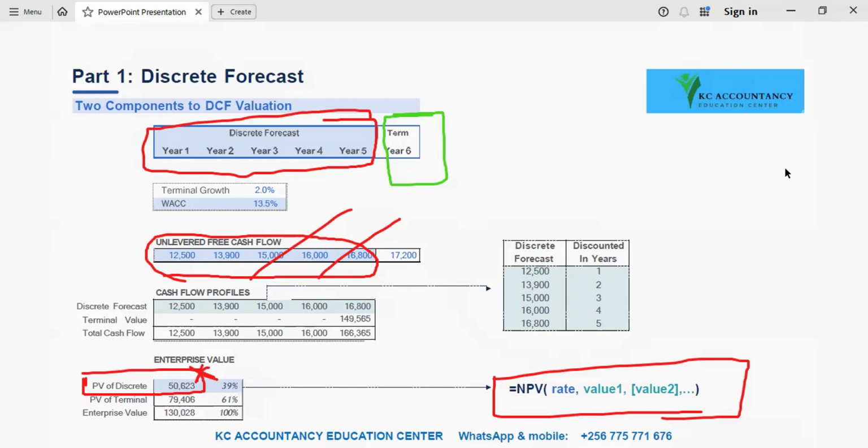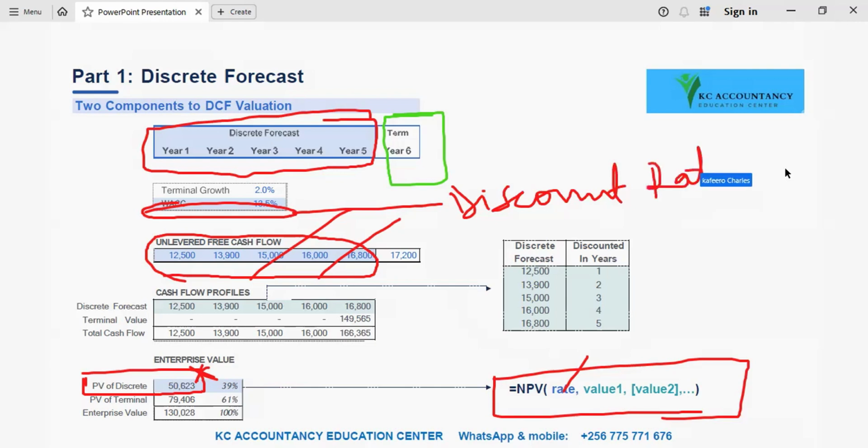The first thing the NPV function asks you is the rate, which is our discount rate, the weighted average cost of capital, WACC, which is 13.5%.